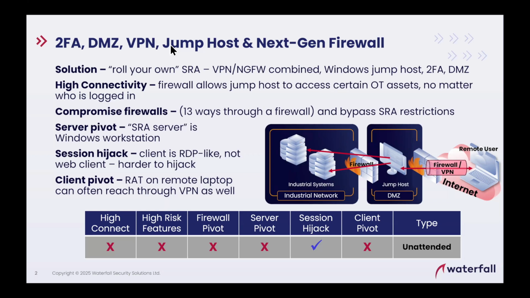Buy a firewall or two with a built-in VPN server, stand up a Windows jump host, like just a Windows machine or 3 in a DMZ, put the VPN product on a remote laptop, log into the VPN, log into the jump host, configure the firewall between the jump host and the industrial network, the OT network, configure that firewall to allow the jump host to connect to most of, if not all of, the OT servers. This is what everybody does.